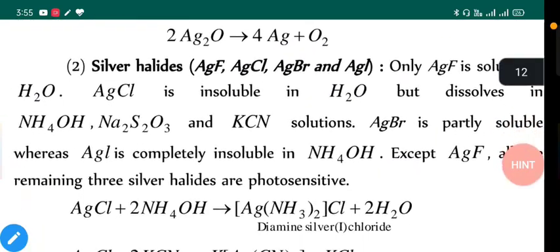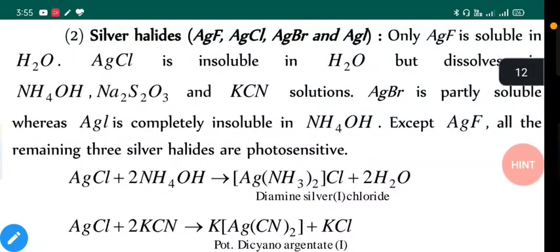Silver halides: almost all the halogens form halides with silver. Out of all, AgF is soluble in water, and AgCl is insoluble in water but dissolves in NH4OH, Na2S2O3 and KCN solutions. AgBr is partially soluble, whereas AgI is completely insoluble in NH4OH.